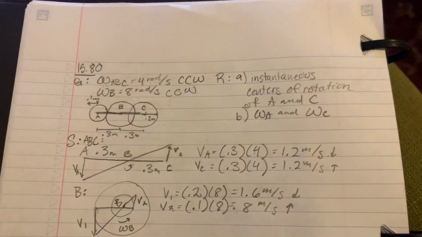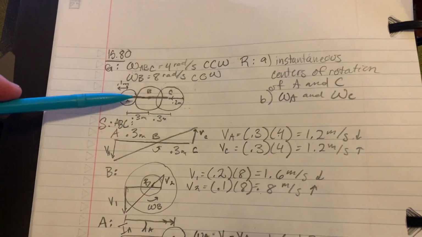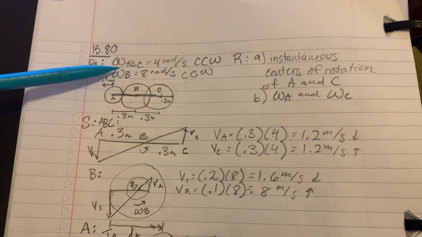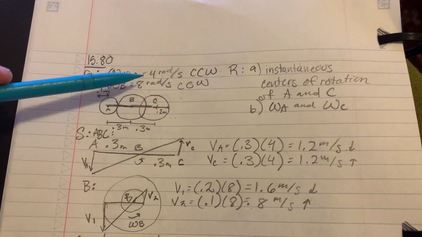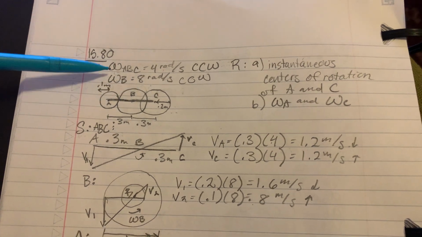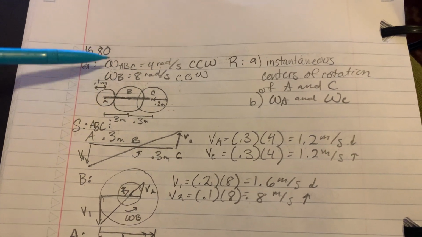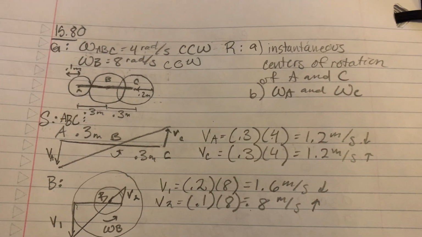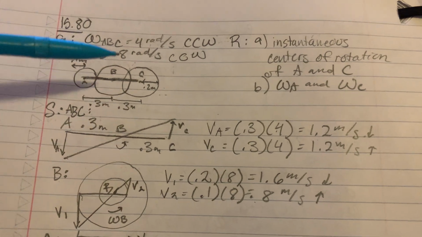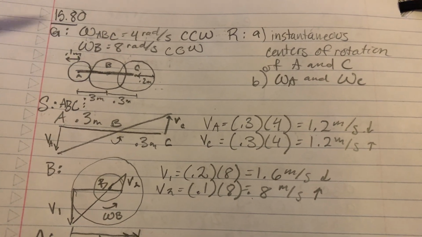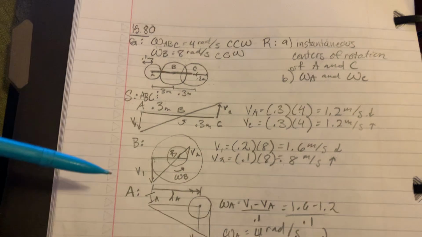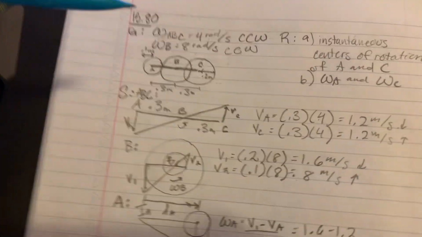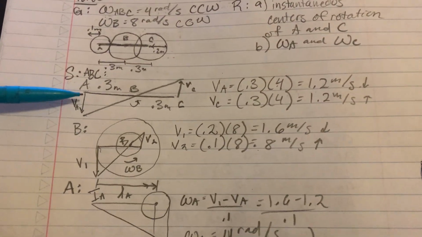The next problem is 3 different gears, and we are given the angular velocity of B, and we want to find the instantaneous centers of rotation of A and C, and the angular velocities of A and C. There are all these different diagrams to show how the different gears are interacting with each other.